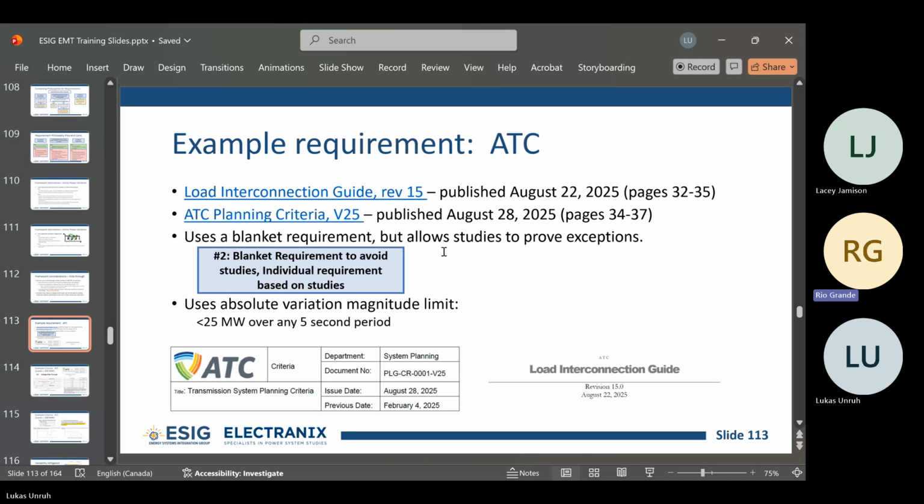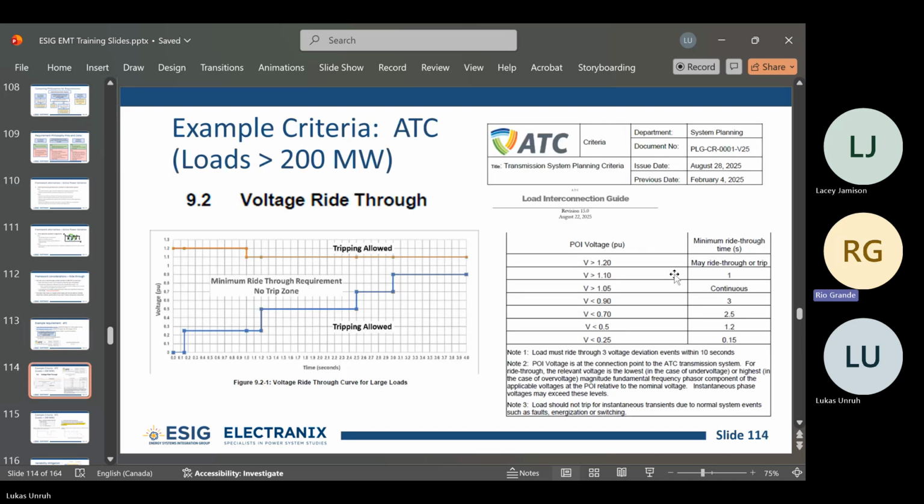So that's kind of option number 2 that we suggested earlier. They have an absolute variation magnitude of 25 megawatts over any 5-second period, and a voltage ride-through envelope that they are asking the loads to comply with.